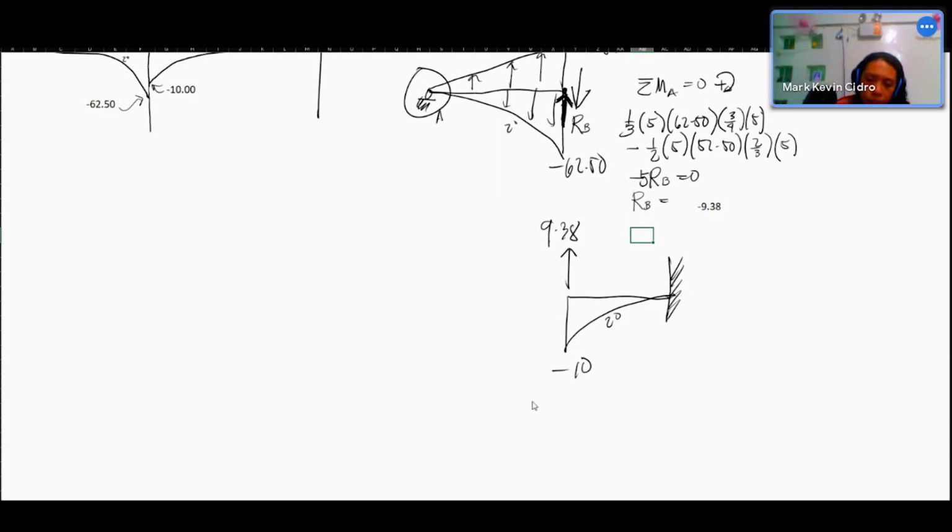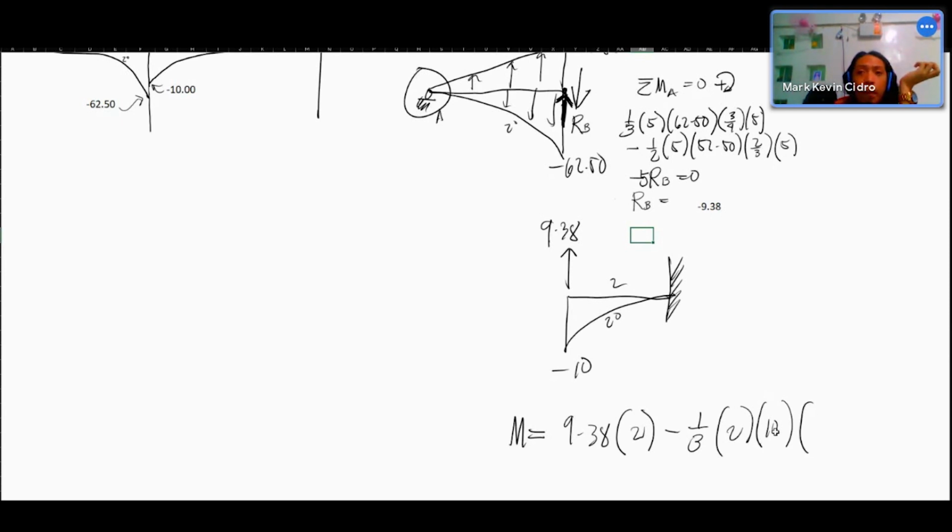Kukunin ulit natin moment niya. Moment is equal to 9.38 multiplied by 2 minus 1/3, kasi second degree man. 1/3, the base is 2, the height is 10.